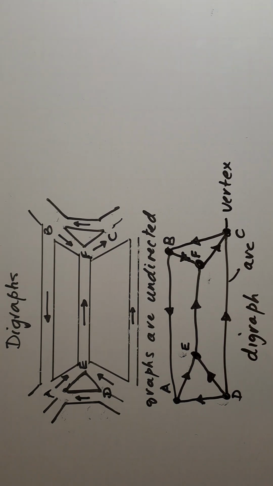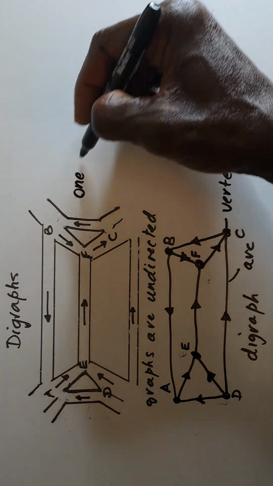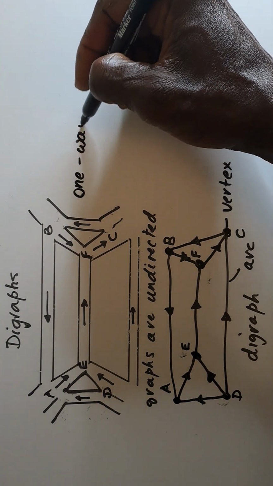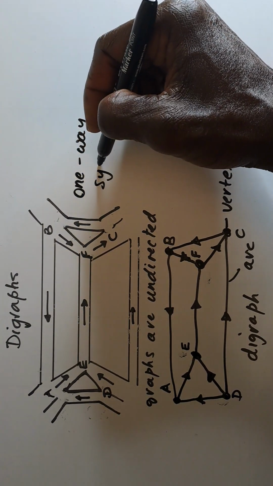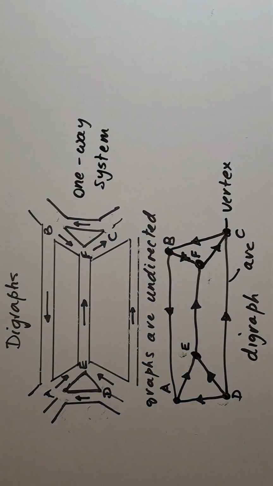And that's what we use to represent this one-way system. We've used a directed graph or digraph to represent a one-way system.